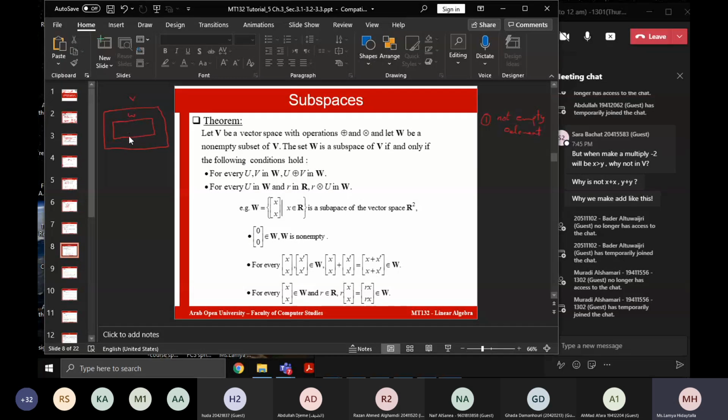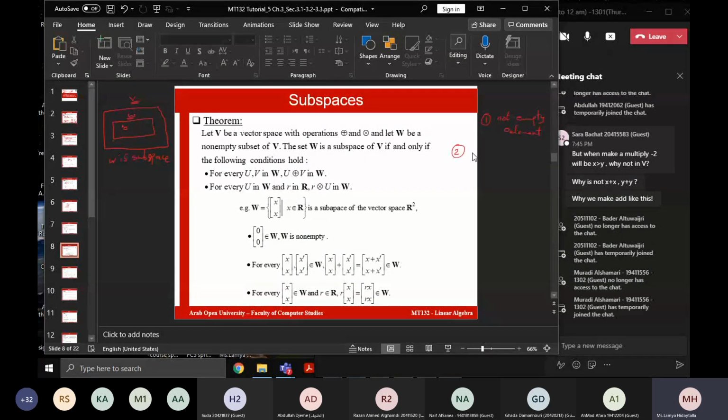So to prove that W is a subspace from V, it's enough to prove 3 conditions. First, that this set W is not empty, at least a 0 element is a member there. Second, to prove that it is closed under addition of vectors.